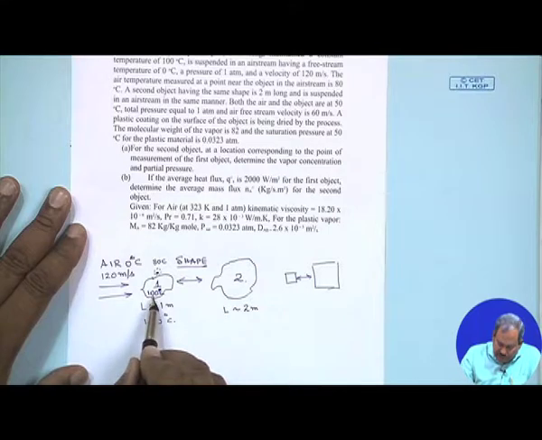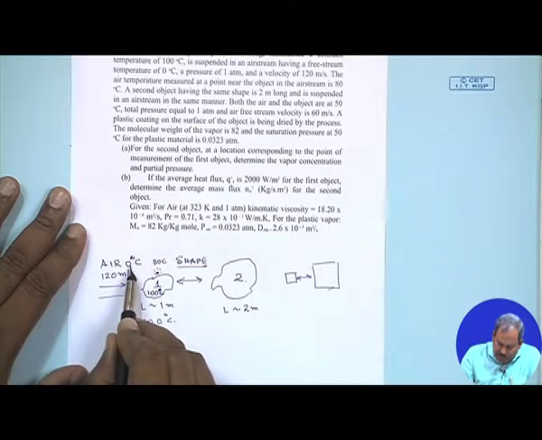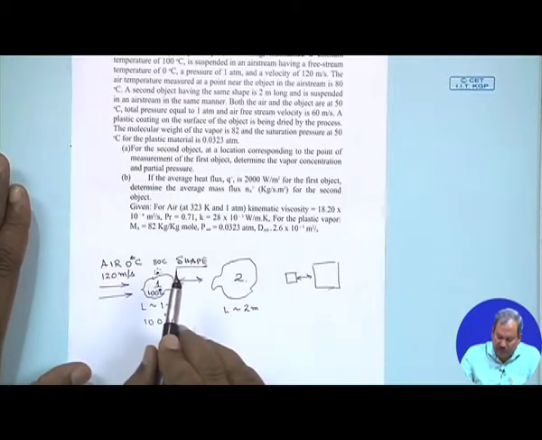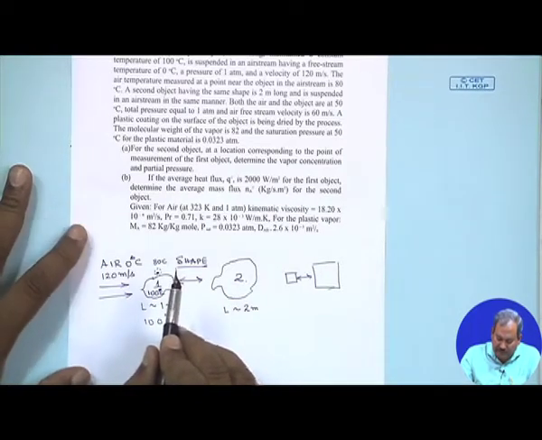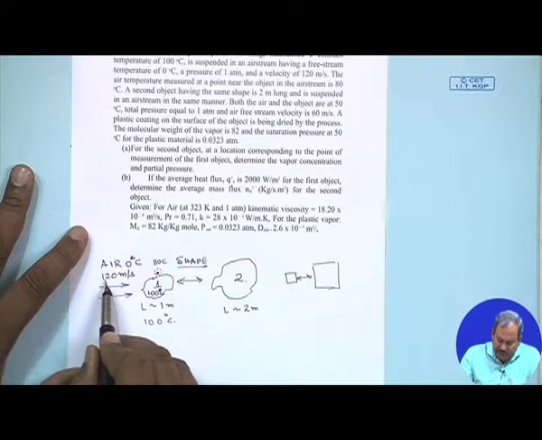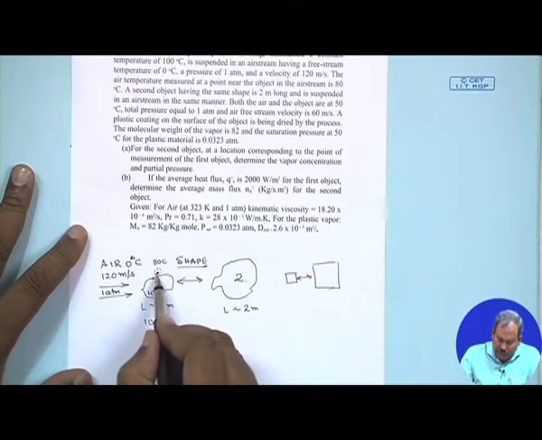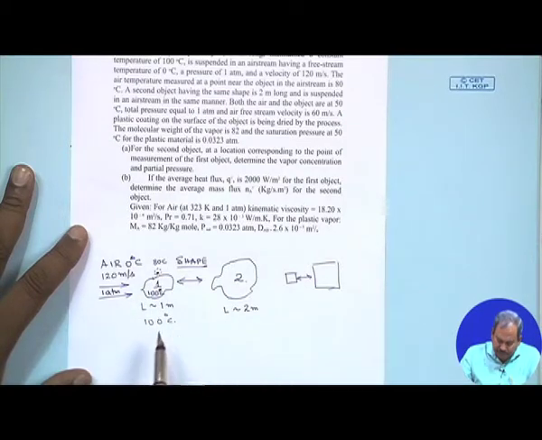So, this is from 100 to a free stream temperature of 0, and the temperature near the surface is given as 80 degrees. That is the only experimental information that you have, and you know that the air is coming at 120 meter per second, its pressure is 1 atmosphere and so on. So, you have measured the temperature at a point and found the temperature to be 80 degrees centigrade.